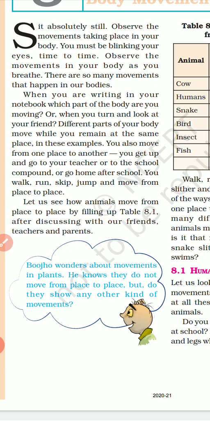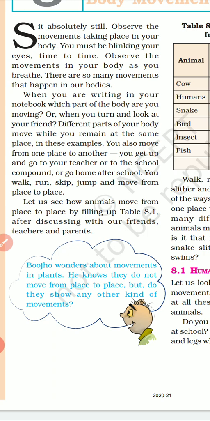In these examples, you also move from one place to another. You get up and go to your teacher or to the school compound or go home after school. You walk, run, skip, jump and move from place to place.